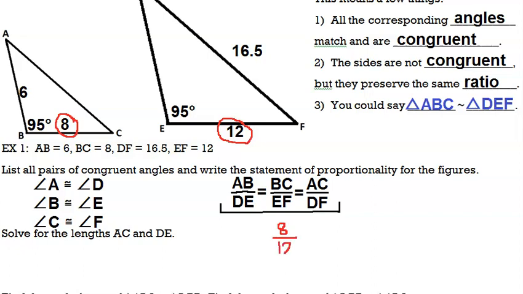That ratio is going to be preserved for everything. So if I want to solve for AC, well, I don't know what AC is, so I'm just going to call it X. I could use the ratio that I already know and then combine it with one of the ratios that I don't know. So in this case, I could say 8 over 12 equals X over 16.5. And that's going to be my setup.